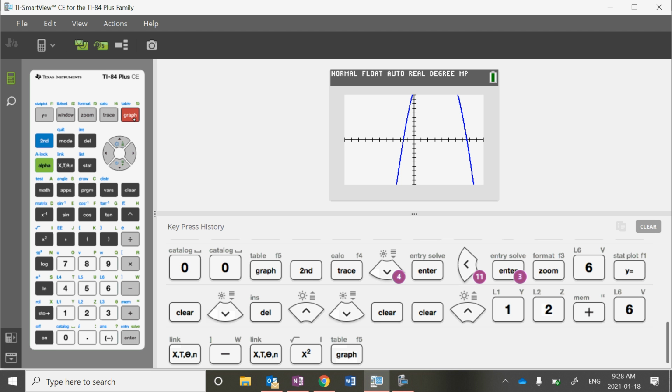I want you to play with your window settings. I'm not going to tell you what mine are out loud, so you can figure out how to see the top of our parabola here. I can see both x-intercepts, so that's good on mine, but I can't see high enough.